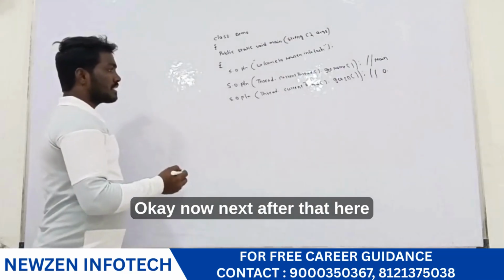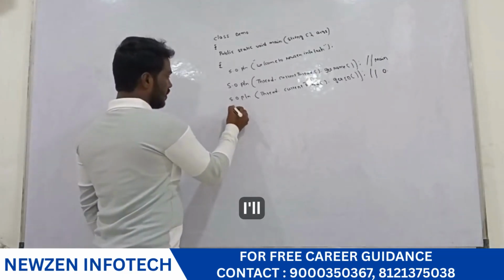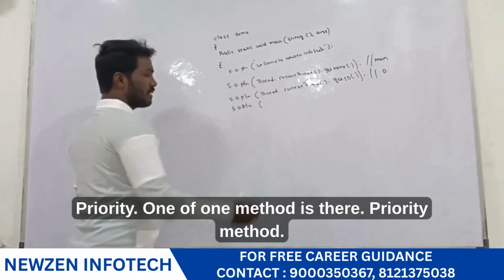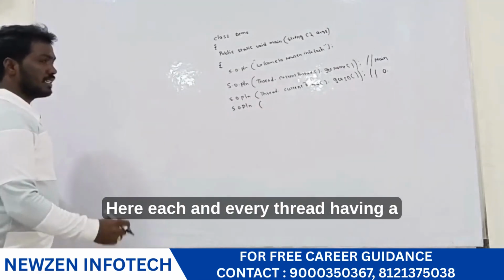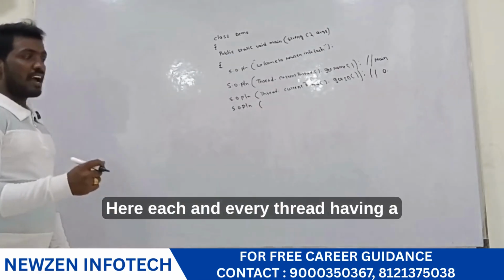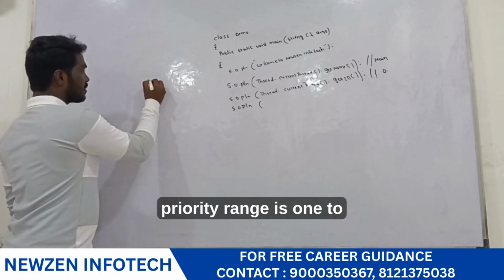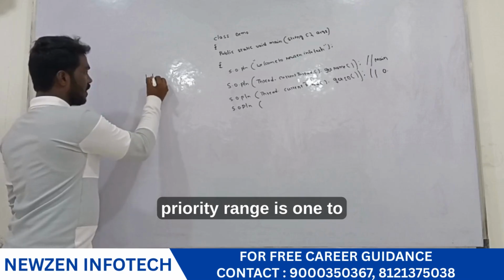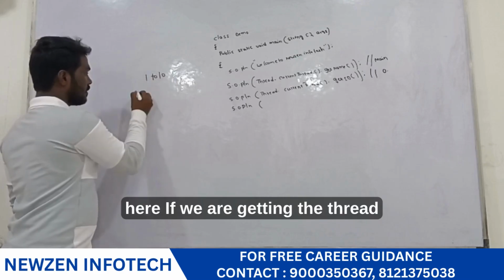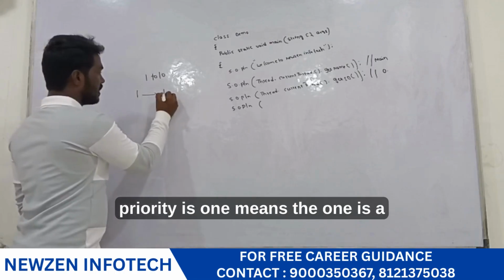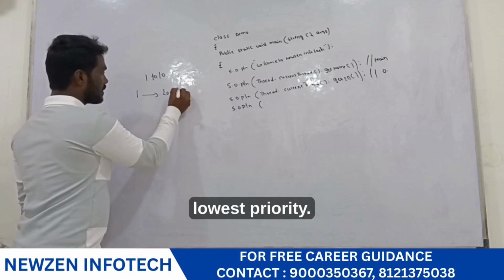Next, I'll go with priority. There is a priority method. Every thread has a priority, and the priority range is 1 to 10. If the thread priority is 1, then 1 is the lowest priority.